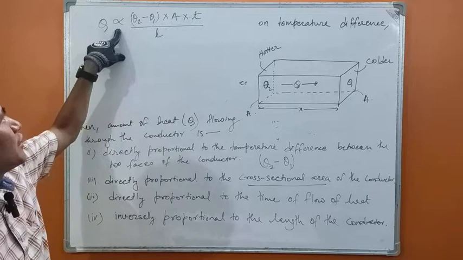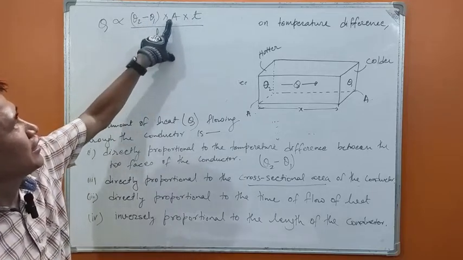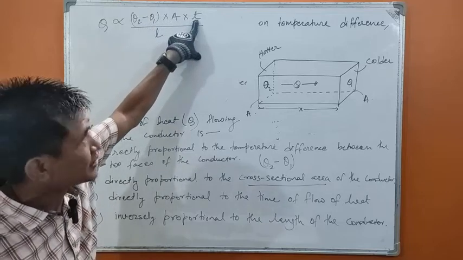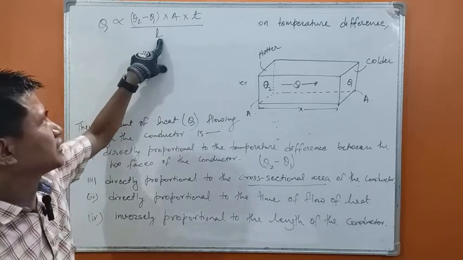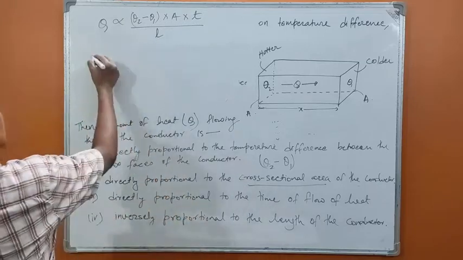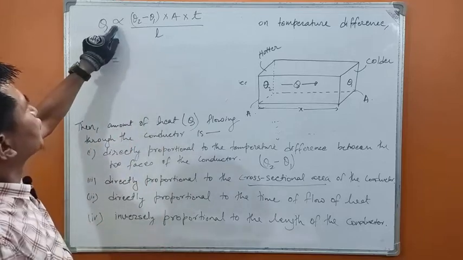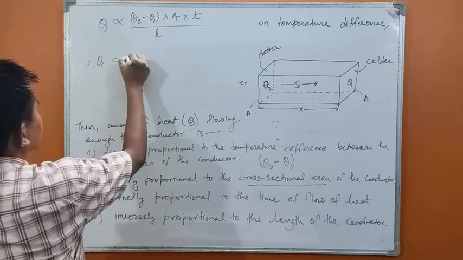Q is directly proportional to the temperature difference, the cross-sectional area of the conductor, and the time of flow of heat. And Q is inversely proportional to the length of the conductor. So we replace the sign of variation with the equal to sign and introduce a constant K here.